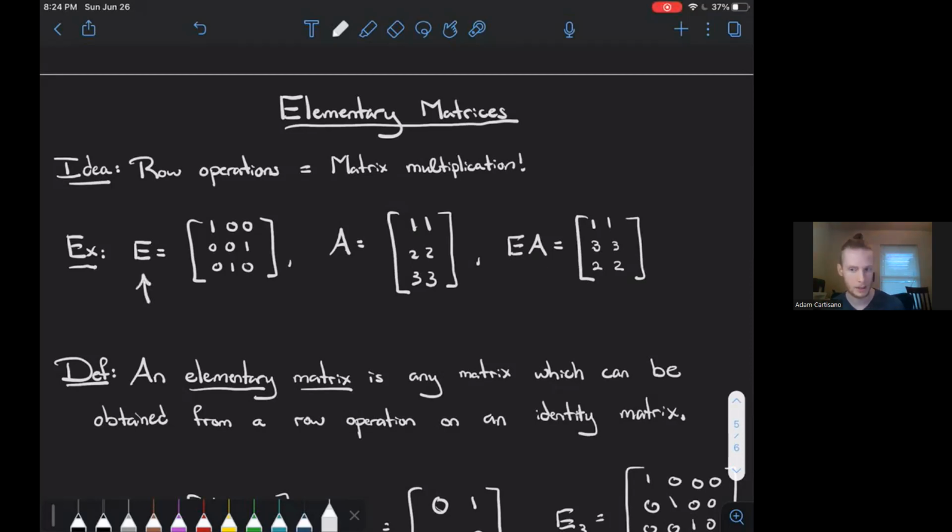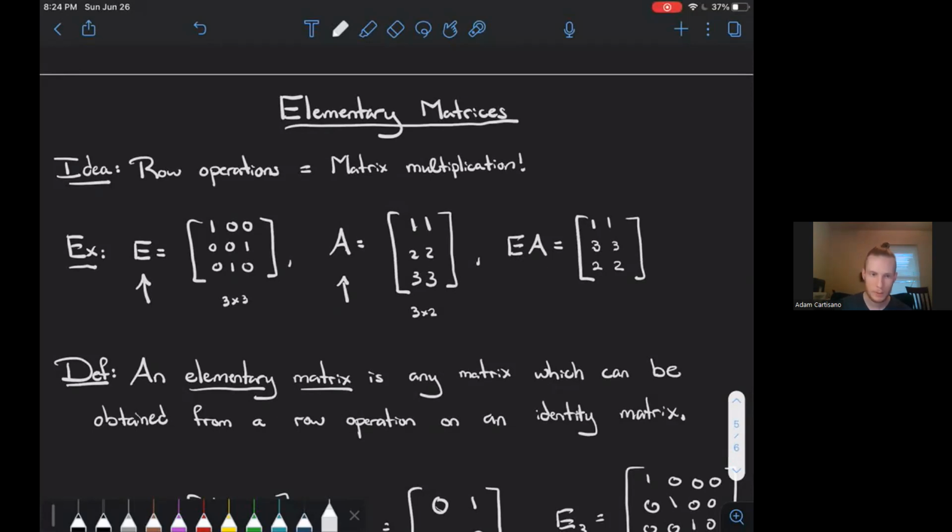It looks suspiciously like the 3x3 identity matrix. Here's just some random matrix A that very importantly has three rows. So this is a 3x2 matrix. This is a 3x3 matrix. Its product will be a 3x2 matrix.